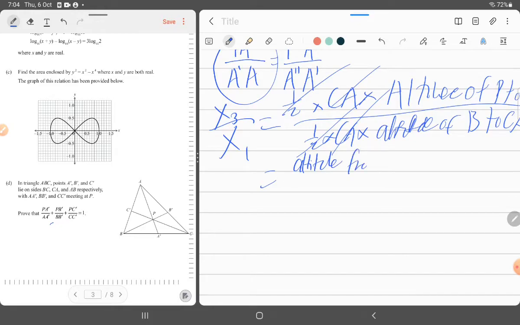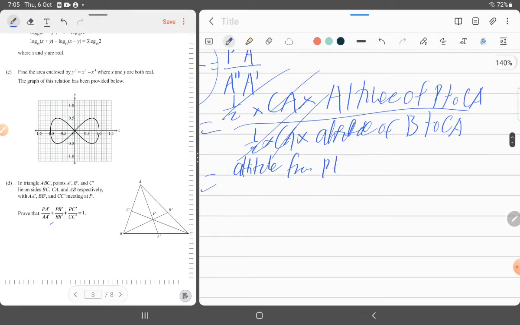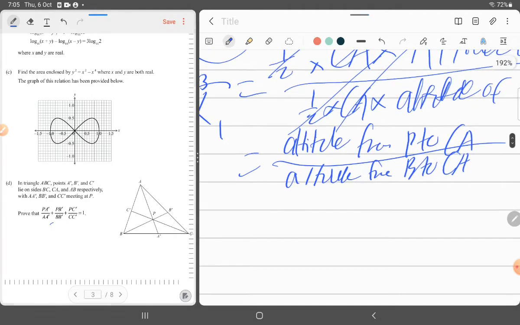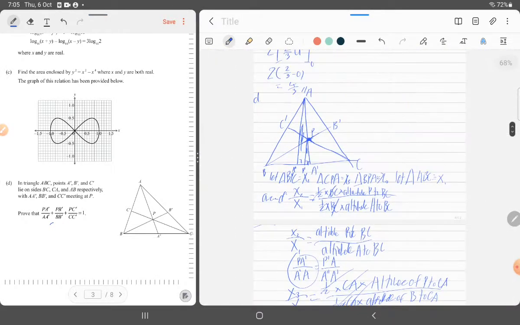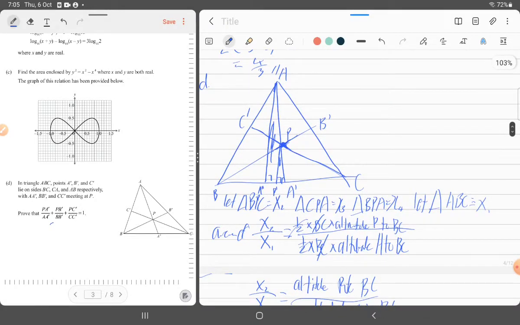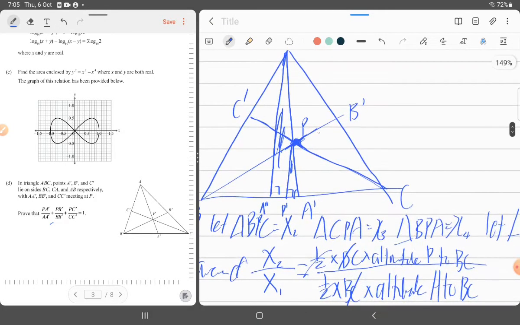The altitude from P to CA over the altitude from B to CA. Let me clean this. So the right angle here and the right angle here, and this triangle and this triangle will be similar.